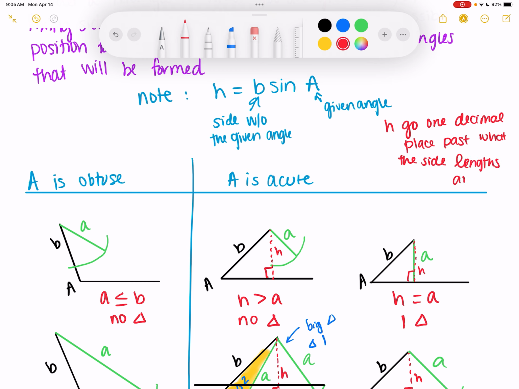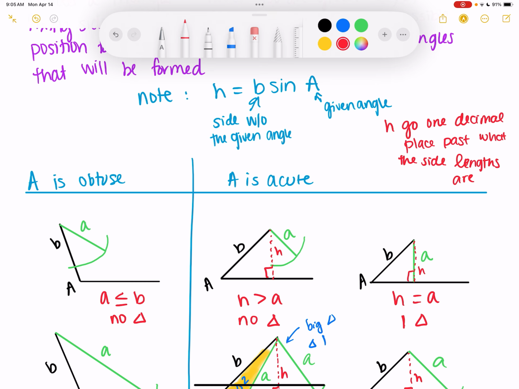So I will tell you when we're doing these things to always round to the nearest whole number, it makes things easy. When I say that, I mean that in respect to the side lengths and the angles.